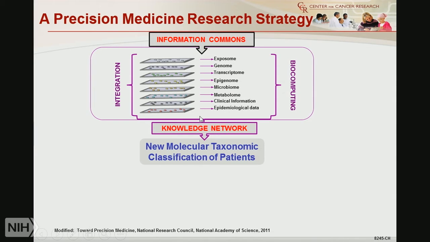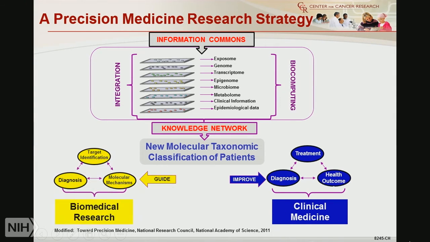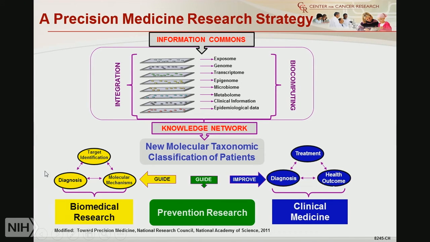This is big data, and requires biocomputing skills and a lot of effort. The result is the knowledge network, in which you have a molecular classification of individual patients, hopefully to improve their diagnosis and treatment and health outcome, clinical medicine, but also to guide biomedical research. And this biomedical research feeds back into the Information Commons and also guides prevention research.